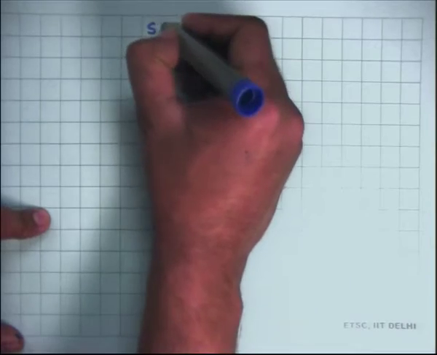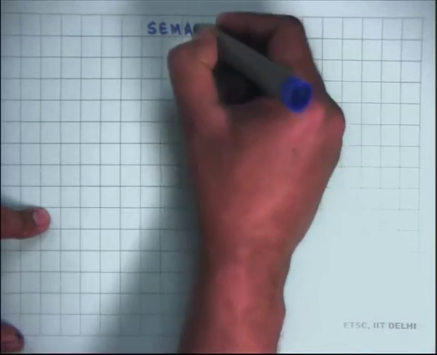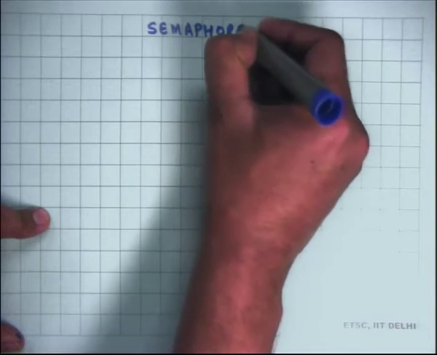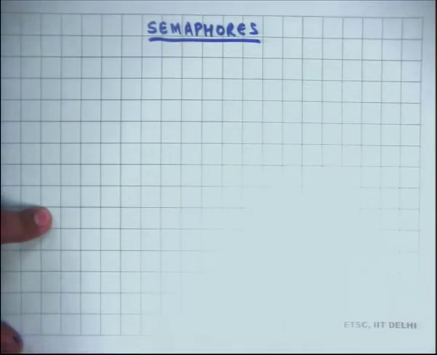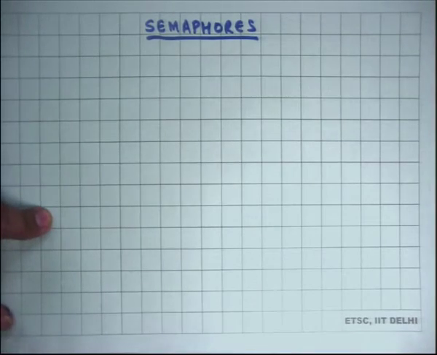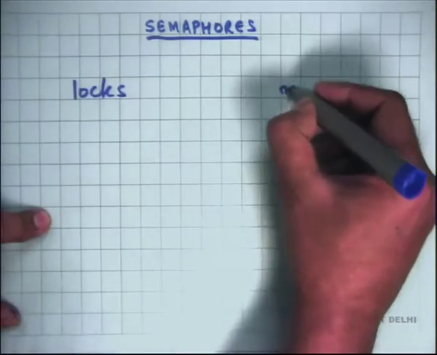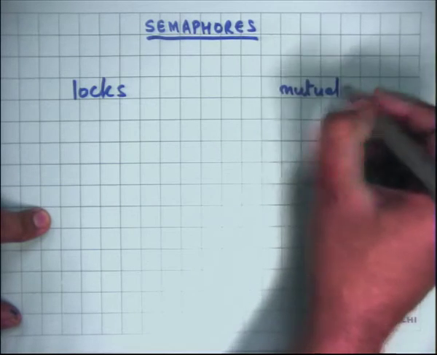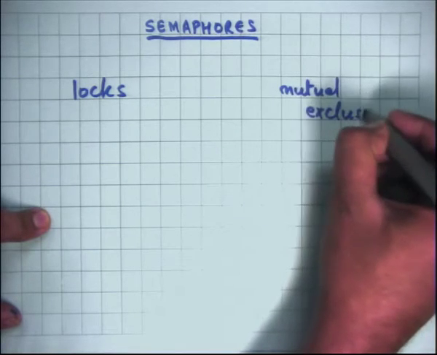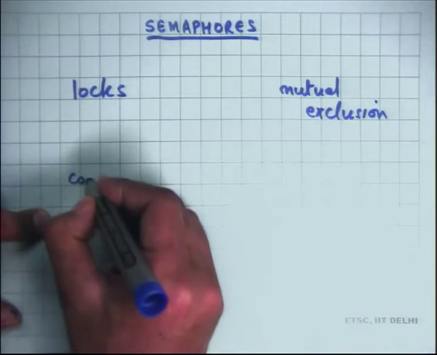So now I'm going to talk about another abstraction, which is semaphores. So far we have seen two abstractions to do synchronization. One are locks, and locks were basically used for mutual exclusion. Another was condition variables.